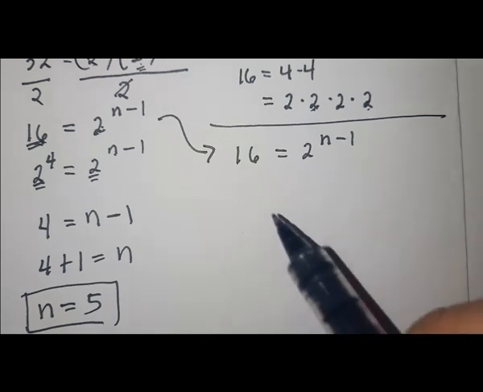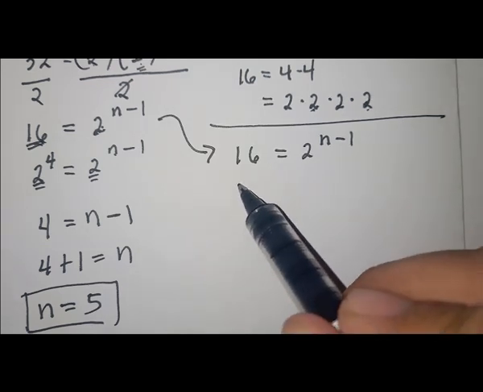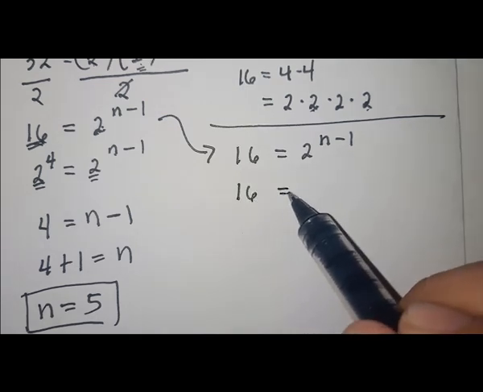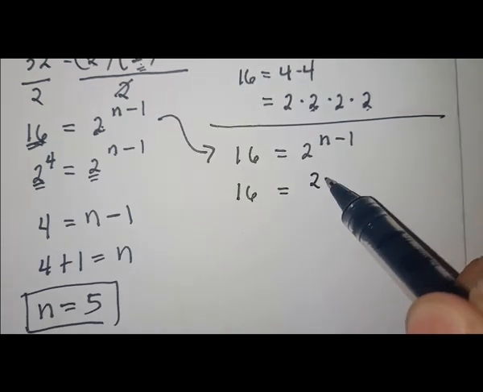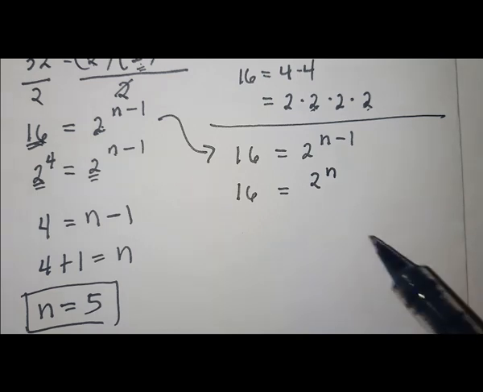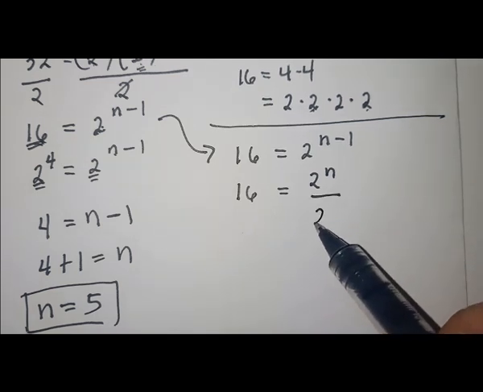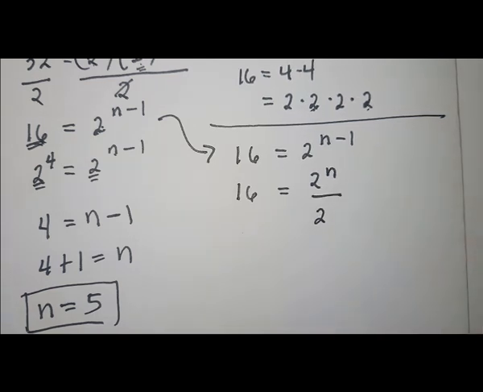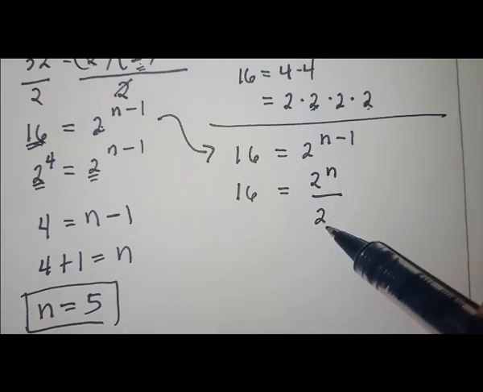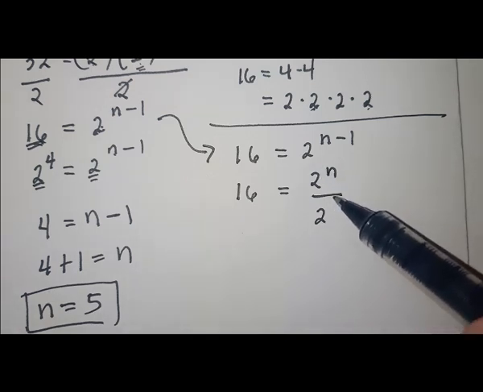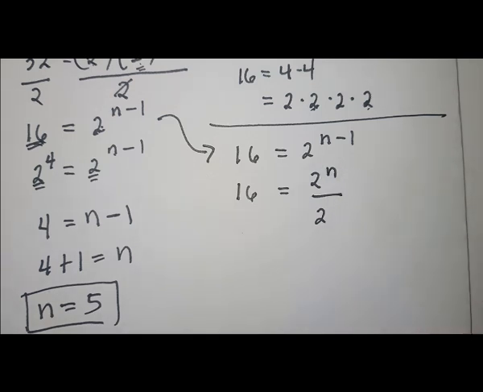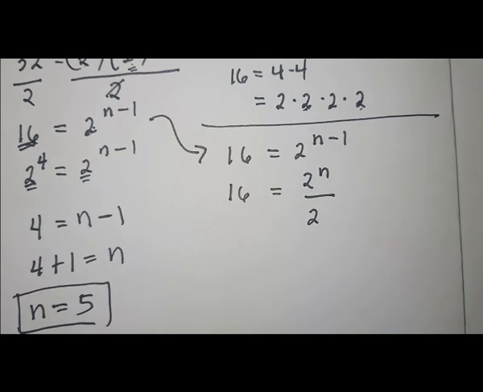So, ibig sabihin, pwede natin itong isulat ng 16 equals 2 raised to n, then 2 raised to 1, or 2 itself. Okay? So, kasi kapag inangat natin to, same base sila, no? Kapag gumamit tayo ng division, isasubtract lang natin yung exponent na meron tayo.